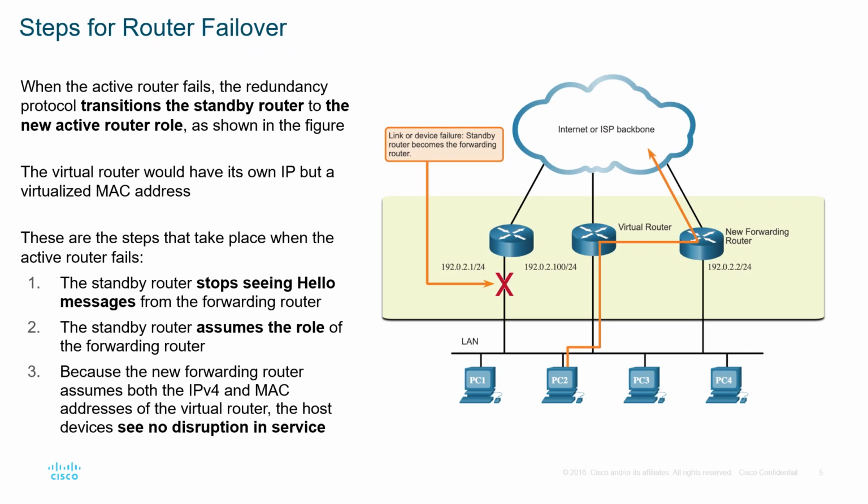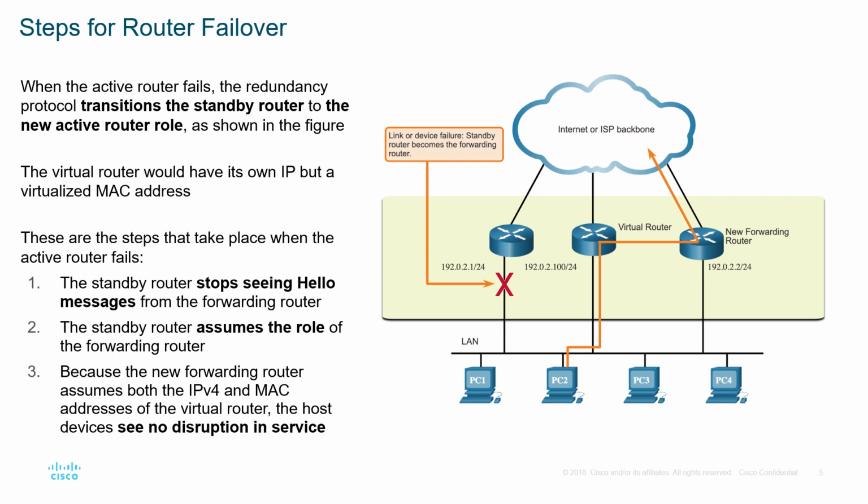When the active router fails, the redundancy protocol transitions to the standby router, as shown in this figure. The virtual router would have its own IP, but a virtualized MAC address.